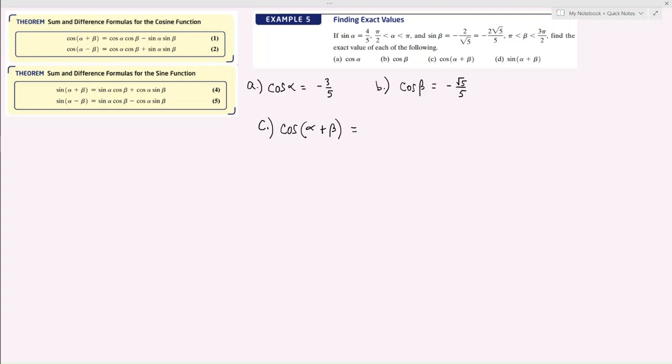Okay, so the cosine of alpha plus beta is equal to cosine of alpha, which is negative 3/5, times the cosine of beta, which is negative square root of 5 over 5.